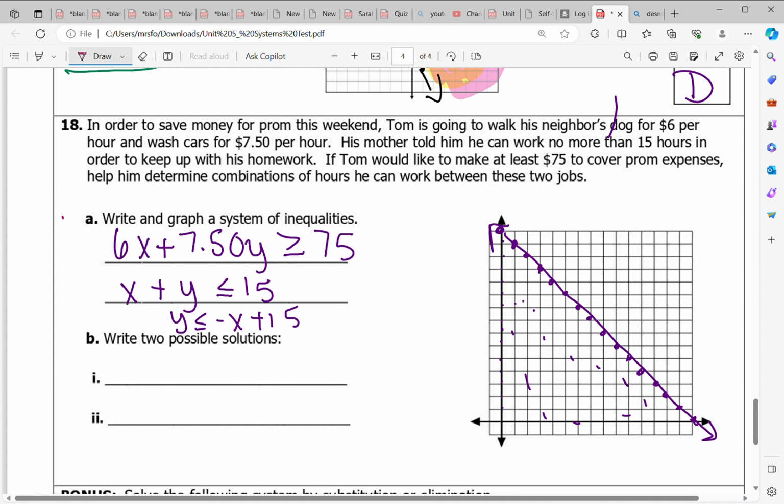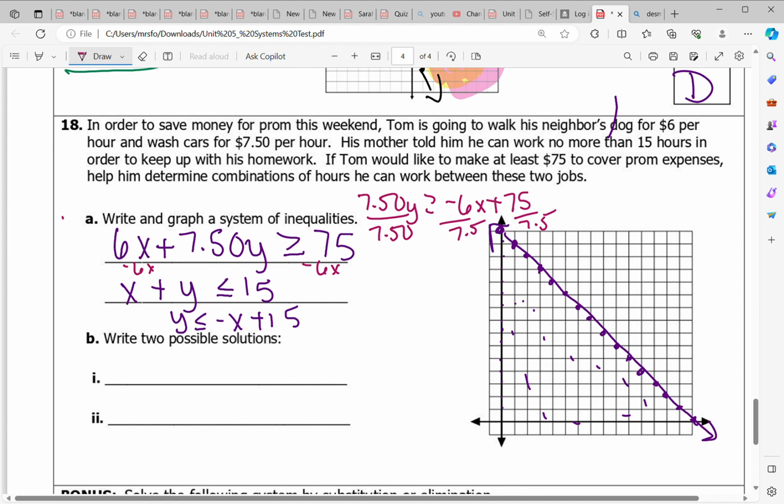So if we're looking at this, we want to get y by itself. You would subtract 6x. So that is 7.5y greater than or equal to -6x plus 75. Divide everything by the 7.5.